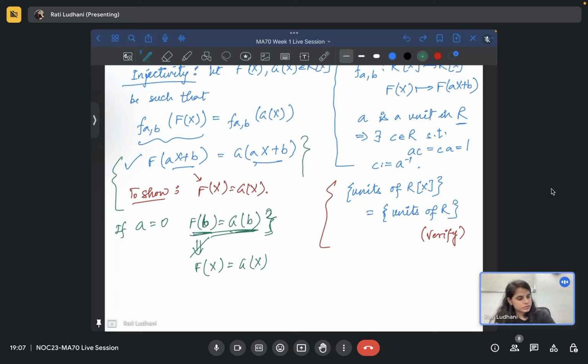You take any polynomial f and any polynomial g. If f(ax + b) is the same as g(ax + b), then it does not always mean that f(x) is equal to g(x). For example, if f(b) is equal to g(b), this does not imply that f(x) is equal to g(x).